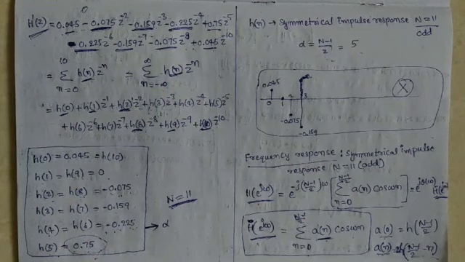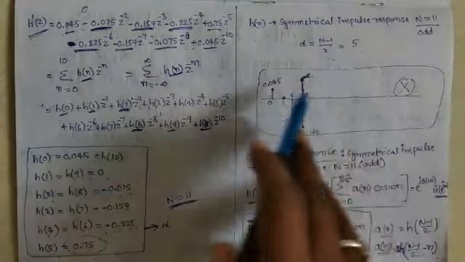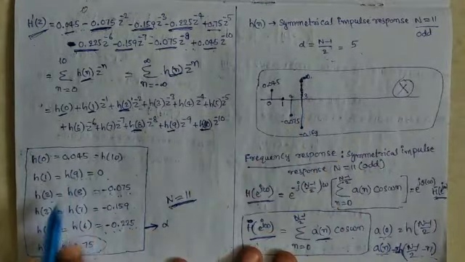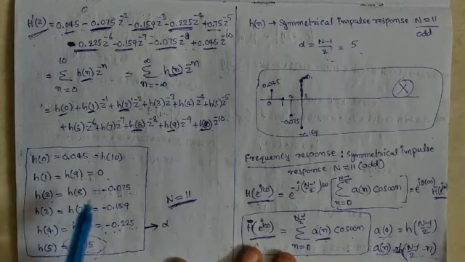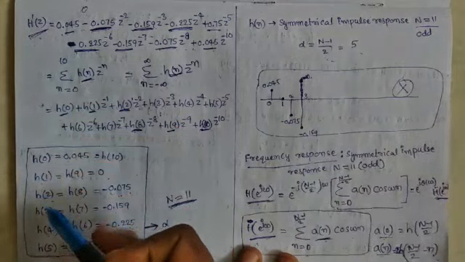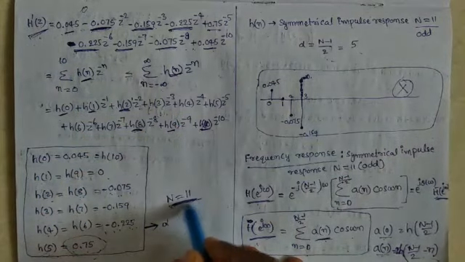Here the impulse response is symmetrical about the fifth sample, it is symmetrical about h of 5. Here means the impulse response is symmetrical impulse response. From this we are determining impulse response for capital N is equal to 11.